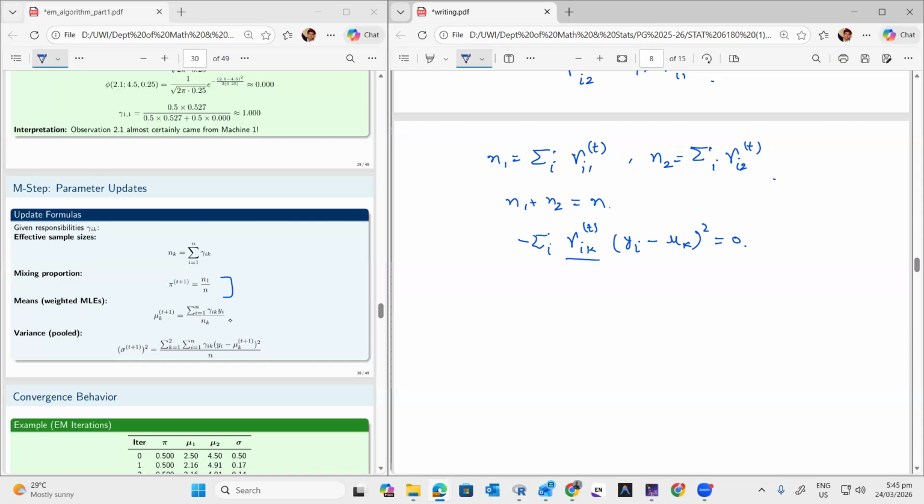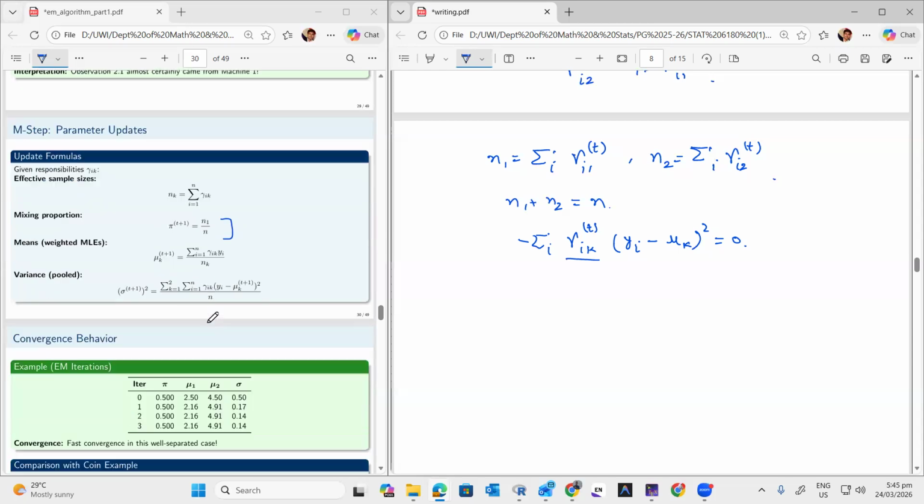This gives us the weighted average formula. And for the variance, that is called the pooled variance, it comes as sigma at t plus 1 square equals the double summation: first summation k equals 1 to 2, and summation I goes from 1 to n, of yi minus mu k at t plus 1 whole square, divided by n.